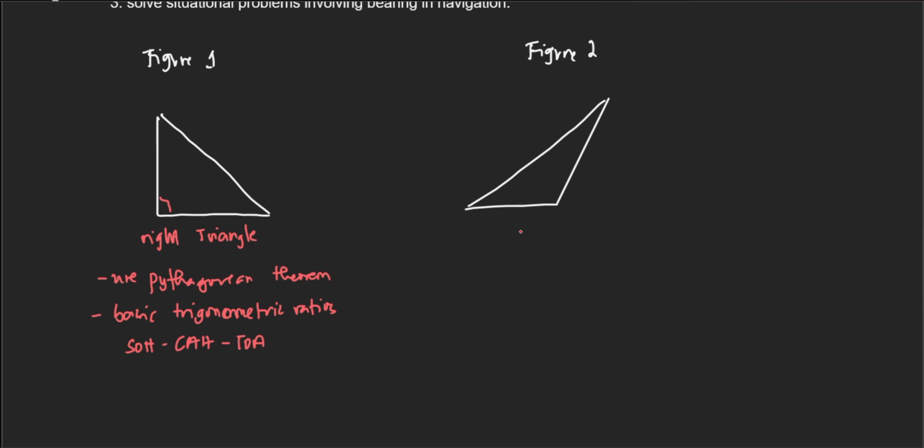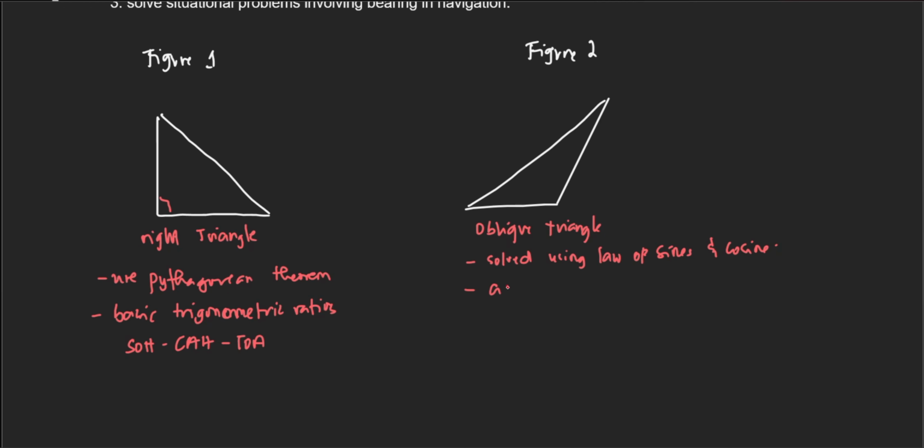On the other figure, which is figure 2, we call this an oblique triangle. The oblique triangle has no 90 degree angle, and we can only solve this one using the law of sines and cosines.